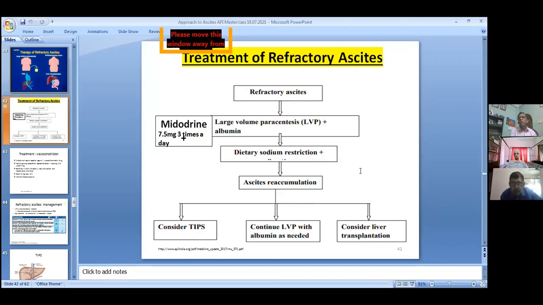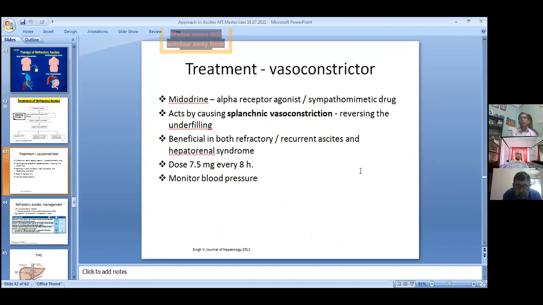In refractory ascites, there is some role of a vasoconstrictor drug like midodrine, which can be added with large volume paracentesis. And liver transplant is what you should finally consider in patients with refractory ascites.